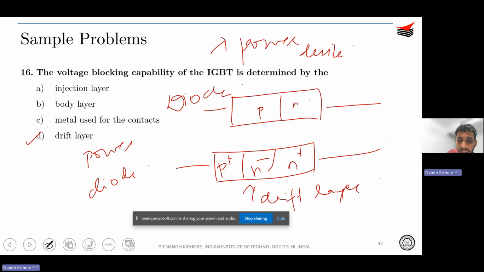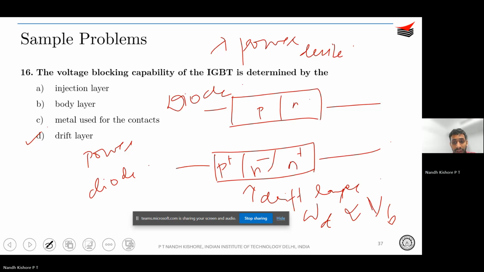So the width of the drift region is proportional to the voltage blocking capability. More the width of the drift region, better will be the voltage blocking capability. So the width of the drift region defines the voltage blocking capability of your device.